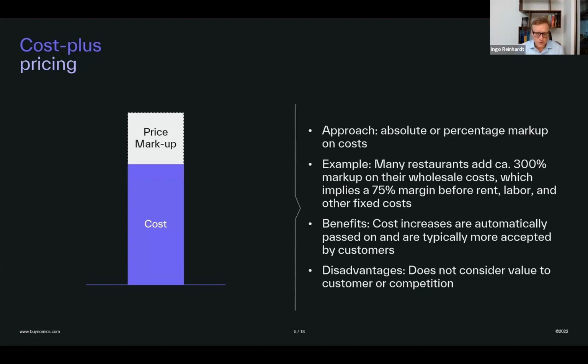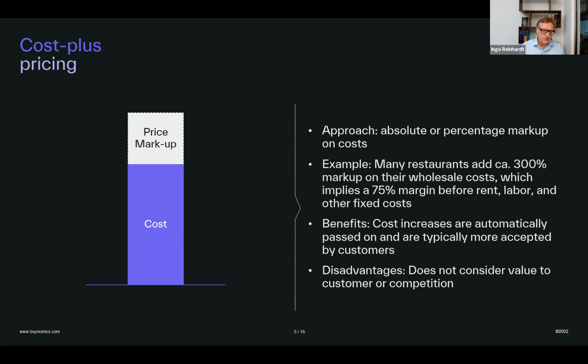And I think the two most important ones are that it doesn't really consider value to the customer. So in the example of the restaurant, if you just put the 300% markup on the wholesale cost, it completely ignores the ability of the cook to make the most of the meal.